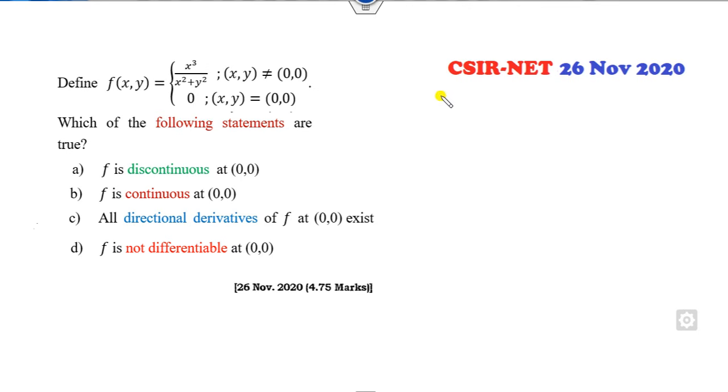Okay, look at this one. Again, check whether the function is continuous or not. I can write this number as x³y⁰ divided by x²+y². So look at that: 3/2 plus 0/2. Is it greater than 1? Yes.